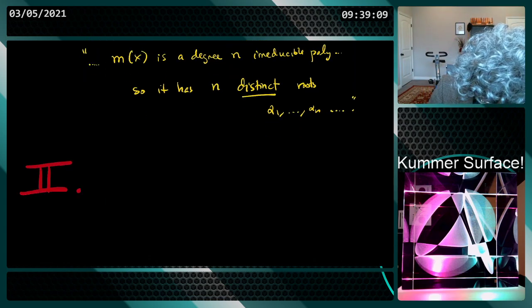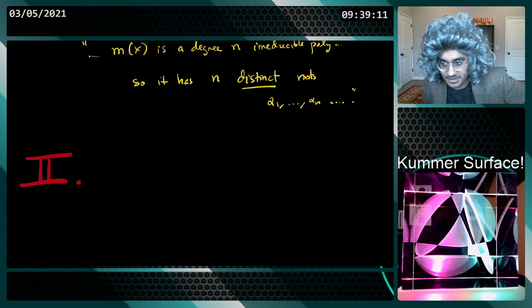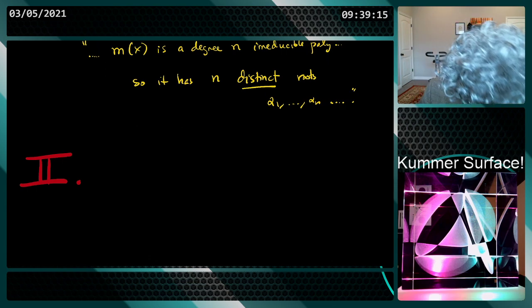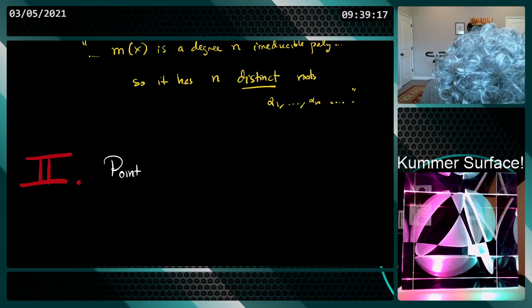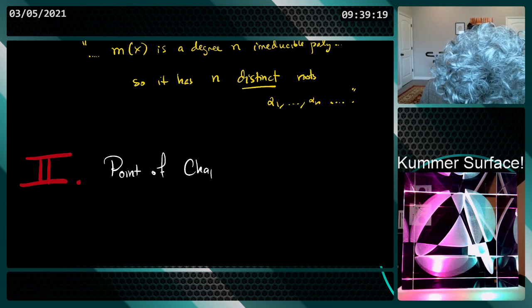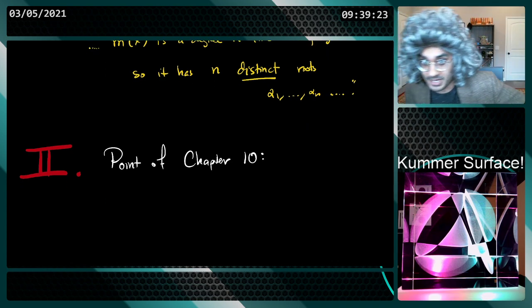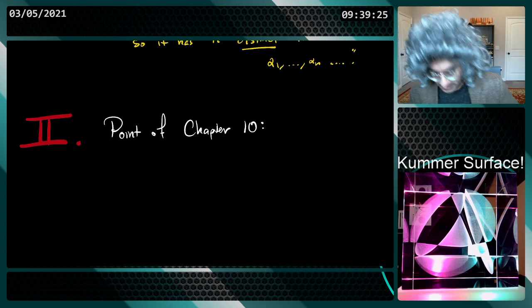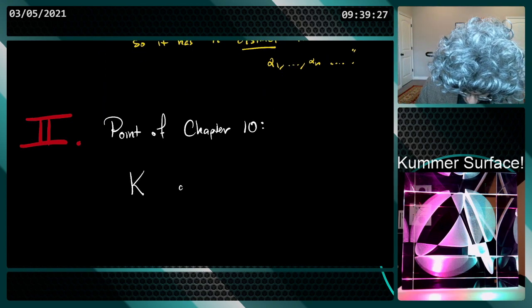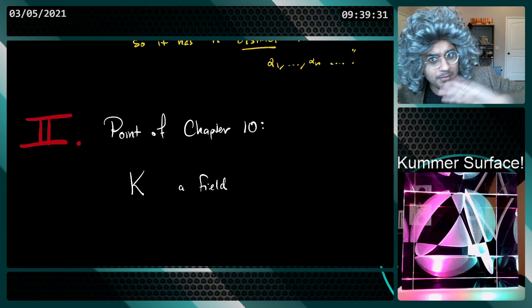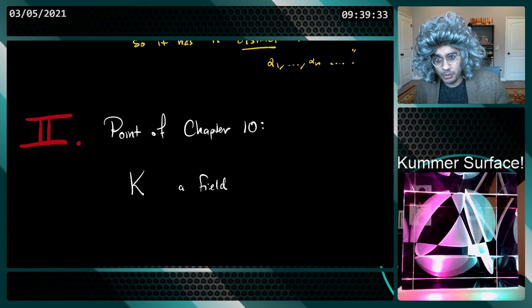Move on to chapter 10. Okay, what's the point of chapter 10? So here's the setup of chapter 10. You have a field. Abstract. Chapter 10 is super universal.